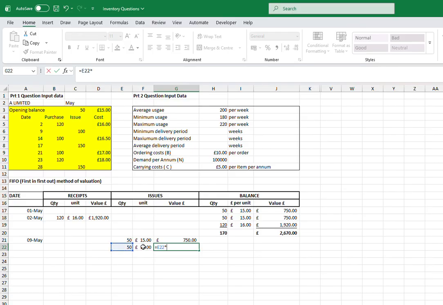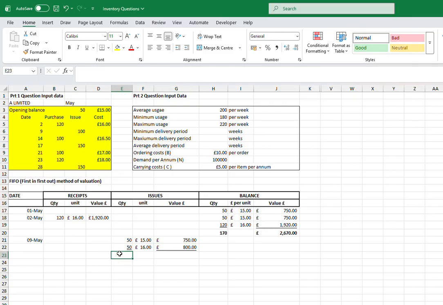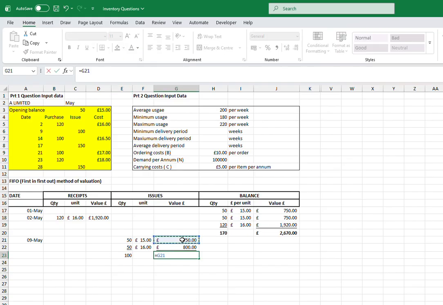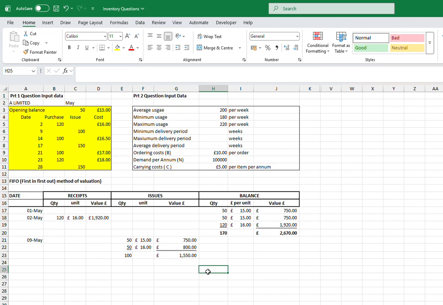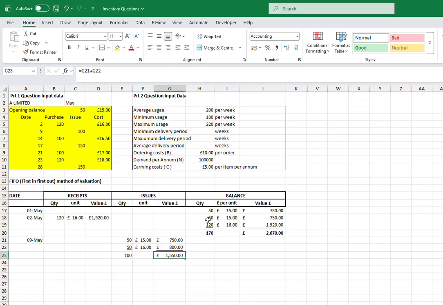If we multiply that across, 800. Again, add up the quantities to double check that you have got 100, which you do, and add up your values. We've got 1550. So what that means is these are all gone. I'm going to put a wee strike through there to say I've used all those.